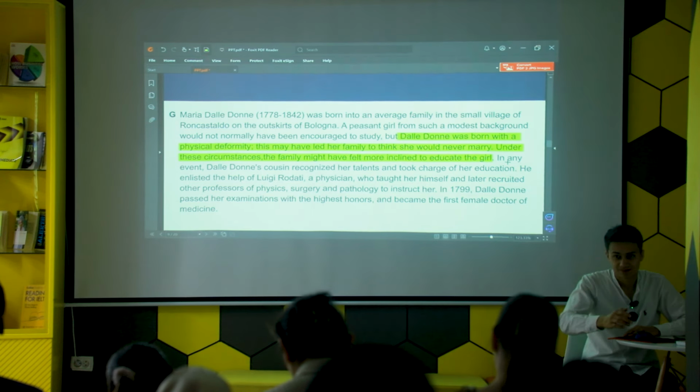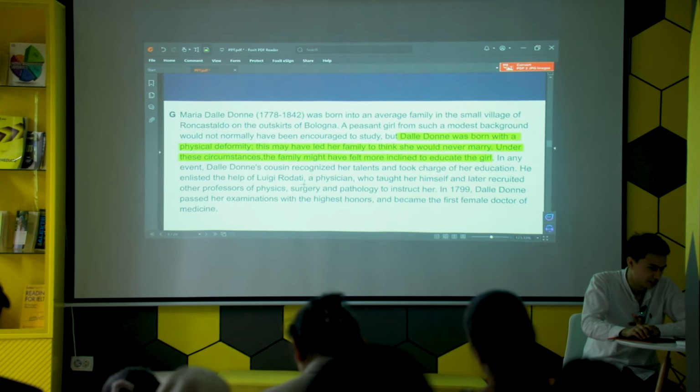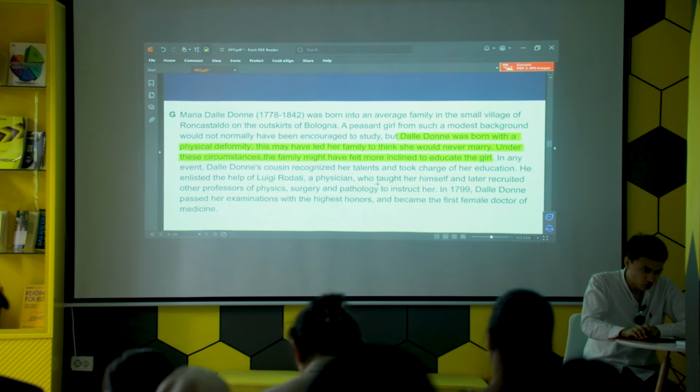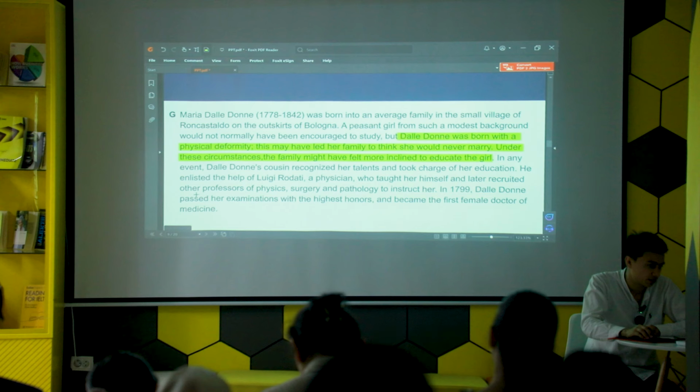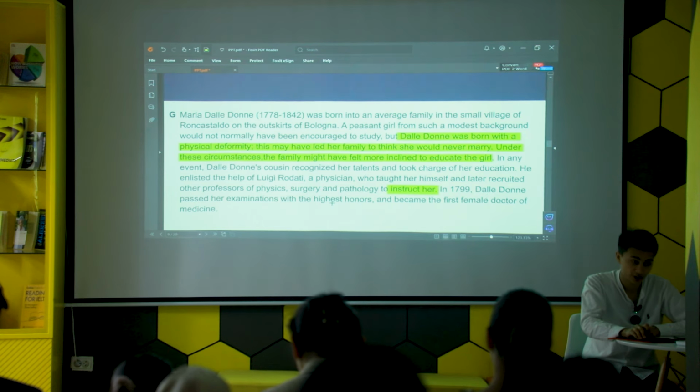In any event, Daladon enlisted the help of Luigi Rodati, a physician who taught her himself and later recruited other professors of physics, surgery, and pathology to instruct her. In 1799, Daladon passed her examinations with the highest honors.